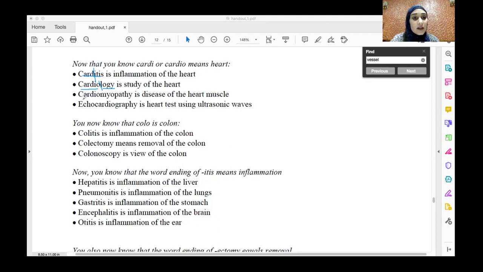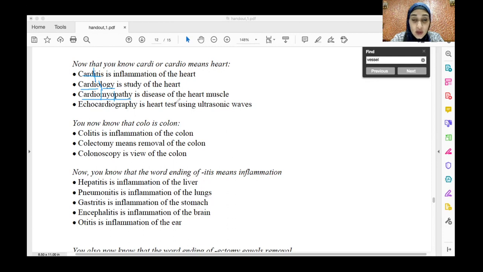We have cardiomyopathy. This long word consists of two roots. Cardio means heart, myo means muscles, and pathy means disease.